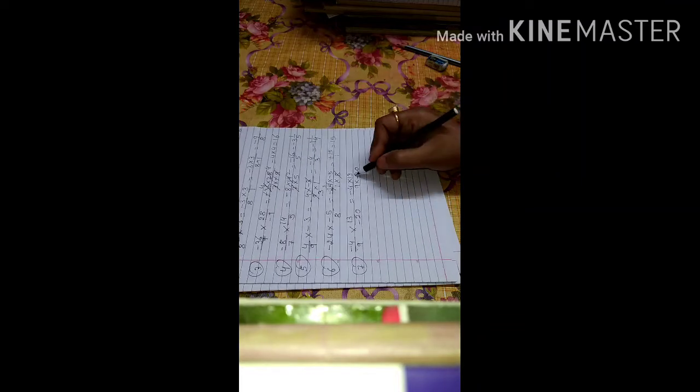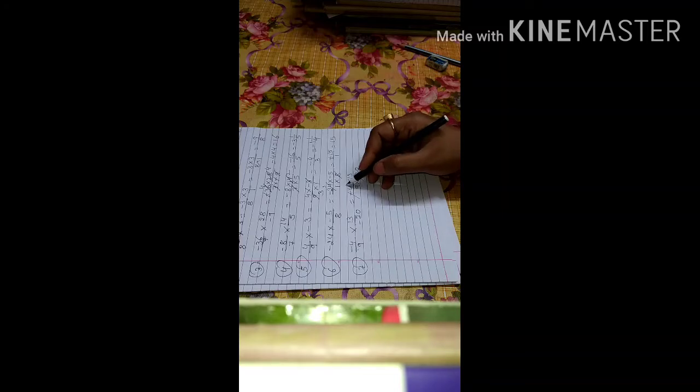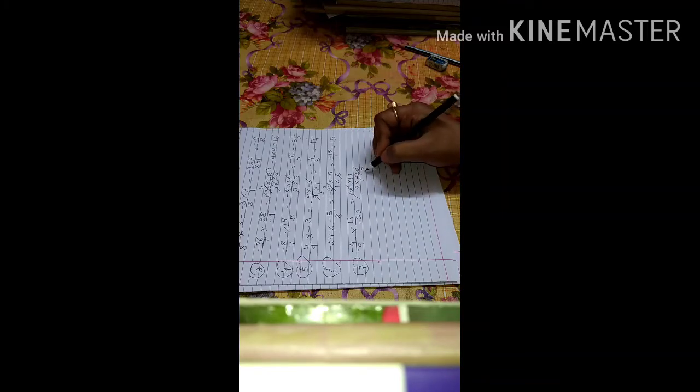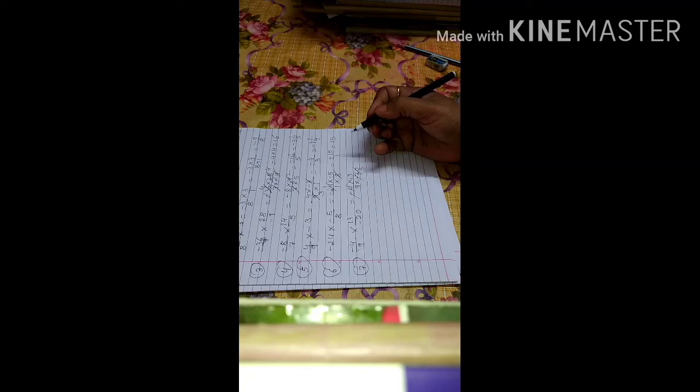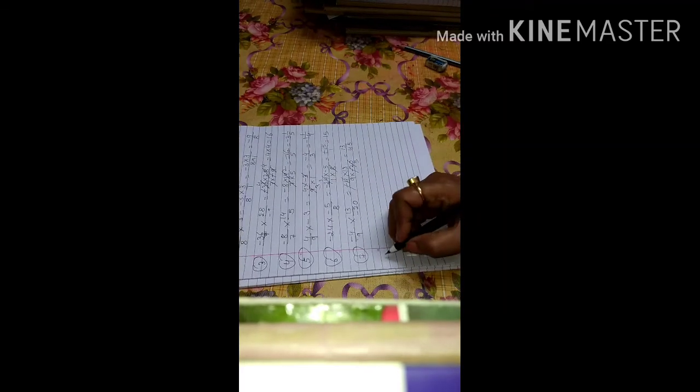So we can cut the sign. Then is any number divisible by any number? Yes, 20 is divisible by 4. How many times? 5 times. 4 5s are 20. Now no other number. So what we can write here? 13 by 45.